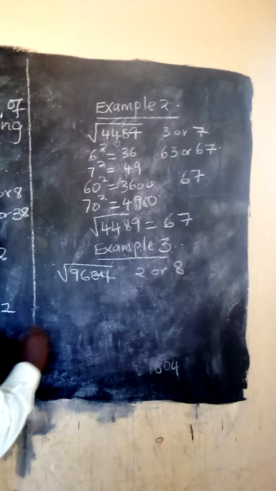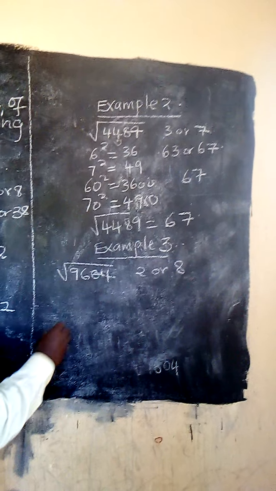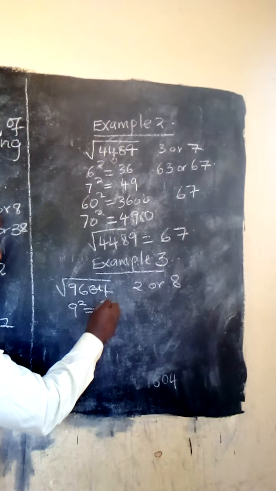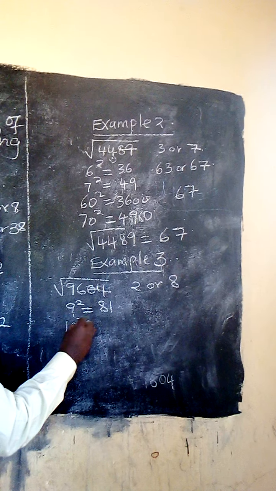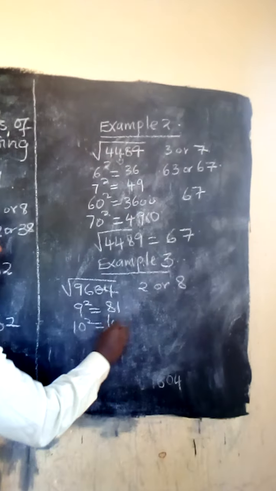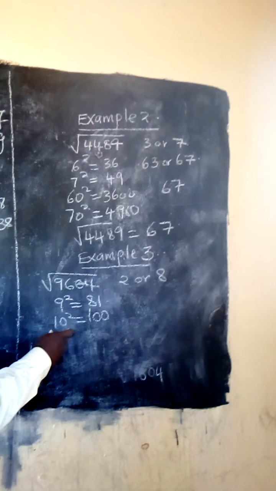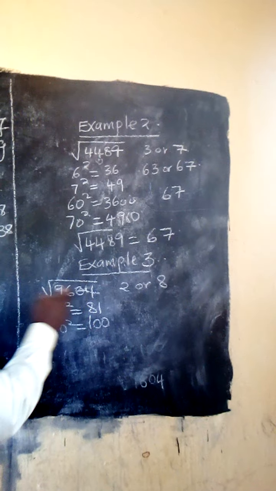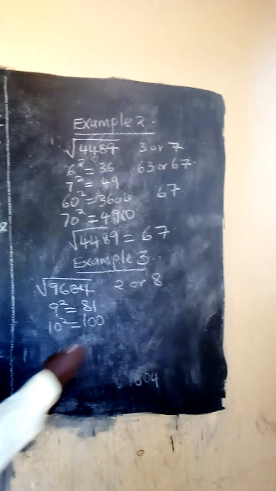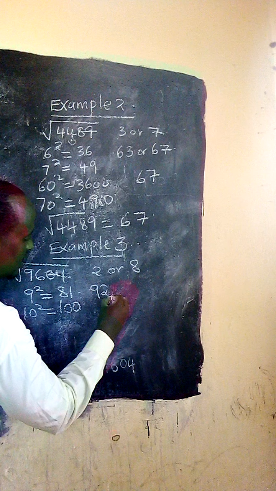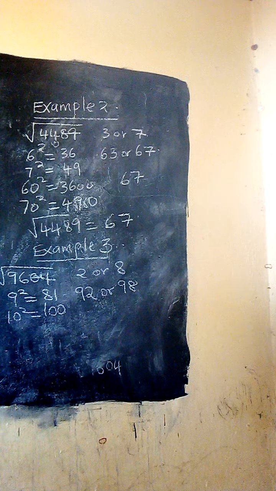The square that is nearer to 96 is either 9 squared, which is 81, or 10 squared, which is 100. So we already exclude 10 because 100 is more than 96. So the first digit will be 9. So the number that we are looking for is either 92 or 98.